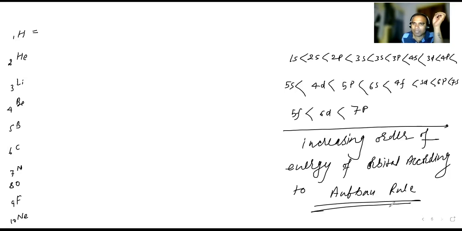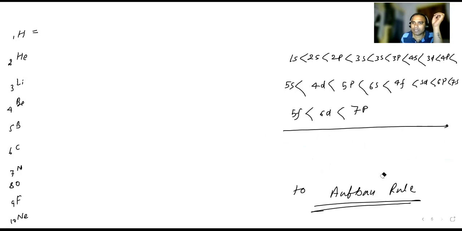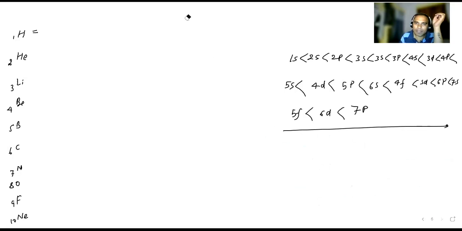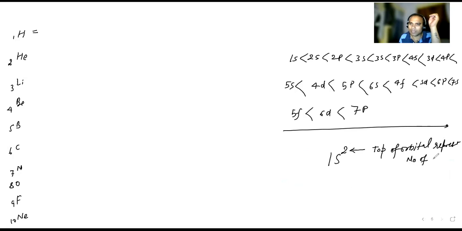One more point, the denomination, I want to write. Let me write that here. What is the denomination? If anything is there, 1s, and suppose I am writing 2 on top. The top is the number of electrons. What does the top of the orbital represent? It represents the number of electrons. And the number before it represents the orbit number.